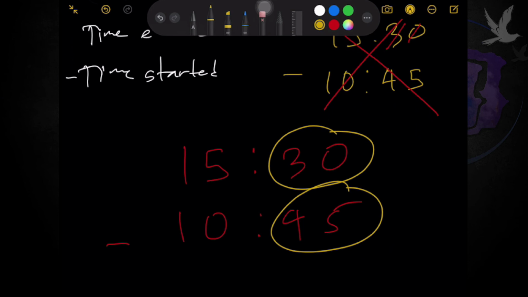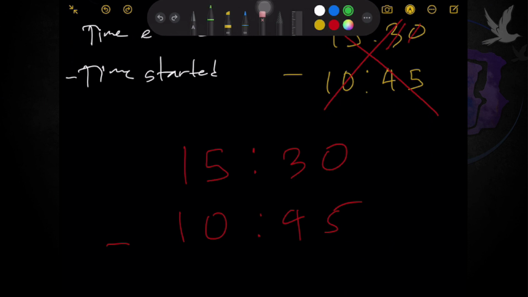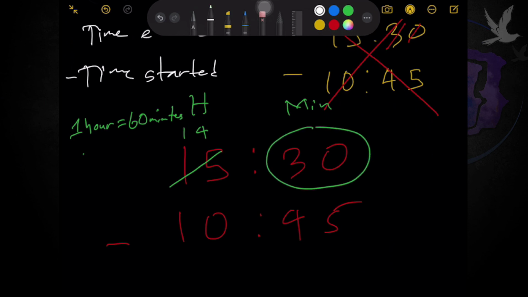So which means you need to take 1 unit from your hours. Okay? Kuha tayo ng isang unit from our hour here which is ang 15. If you're going to take 1 hour from 15, this will now become basically 14. And knowing that 1 hour is equivalent to 60 minutes, this 60 minutes now, the one that you took away from 15, will be given in your minutes time. Okay? Klaruhin ko lang again.